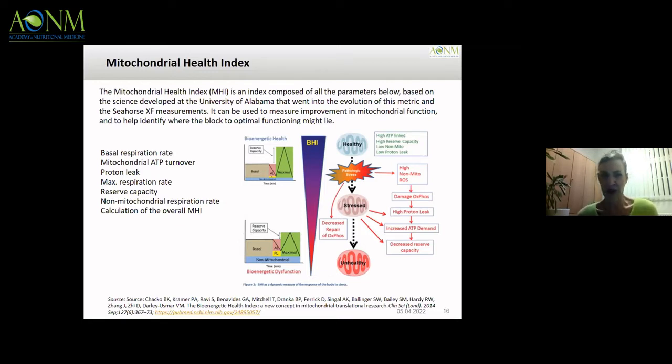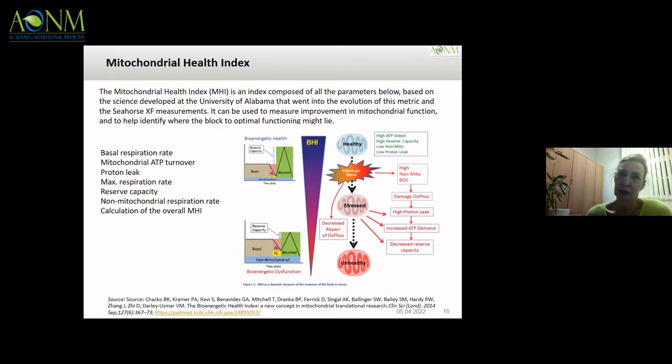That is also the instrument we use because it is standardized and nearly automatic. And what does a mitochondrial health index mean? I will go later into the parameters which compose the mitochondrial health index.